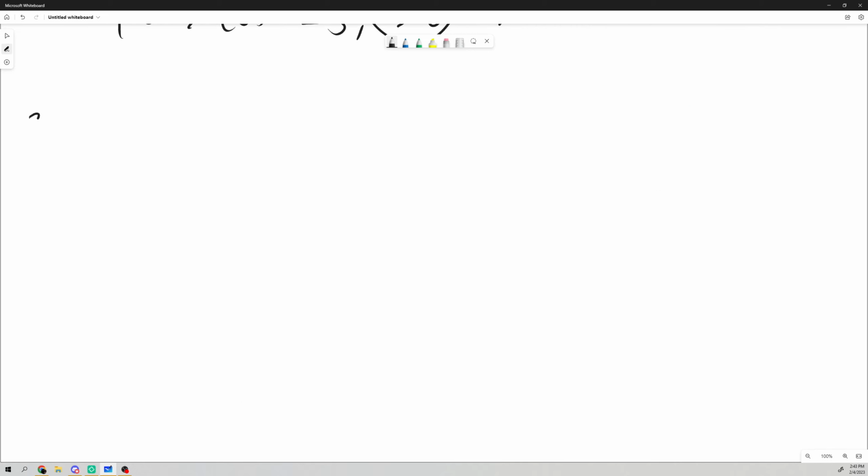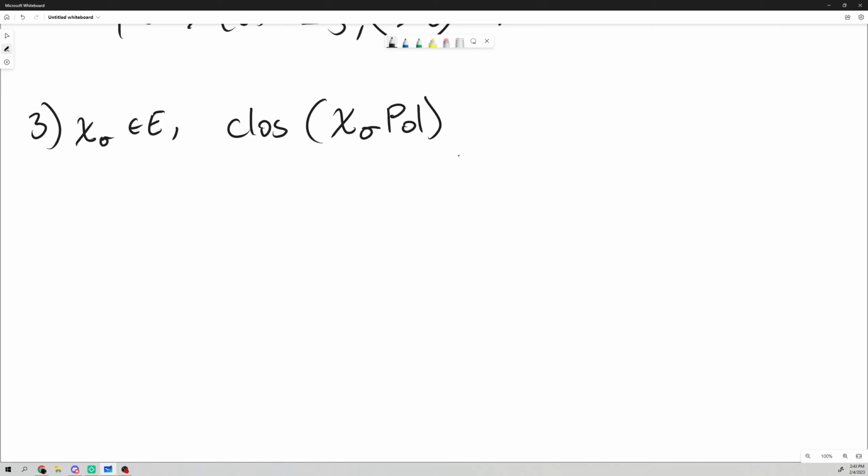So step 3: we know that chi sigma is an element of E. And we have that the closure of chi applied to the space of polynomials is going to be a subset of E.